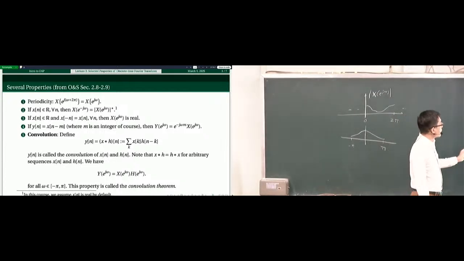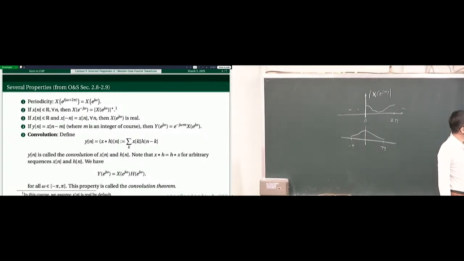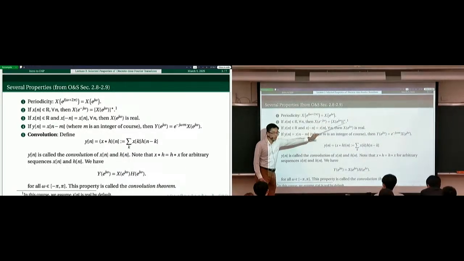For number 2, if the time domain signal is real, then when we evaluate, 去计算, 去评估, the spectrum at minus omega, the result is going to be the spectrum at plus omega but conjugated, if the signal is real to begin with in the time domain.